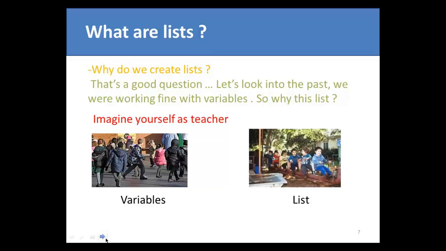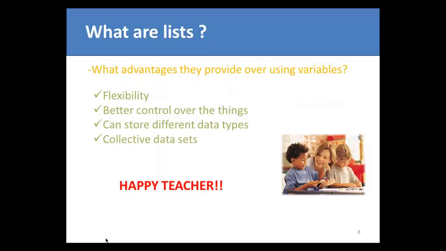So what a teacher must do is place all the children in a line or in a set, so that they can call any student, access any student via a number or a roll call. So that's preferable actually. So what are the advantages of using this methodology? It provides us flexibility, better control over things, can store different data types, and collective data sets. These are the things that lists provide over variables. And at last the teacher is happy.